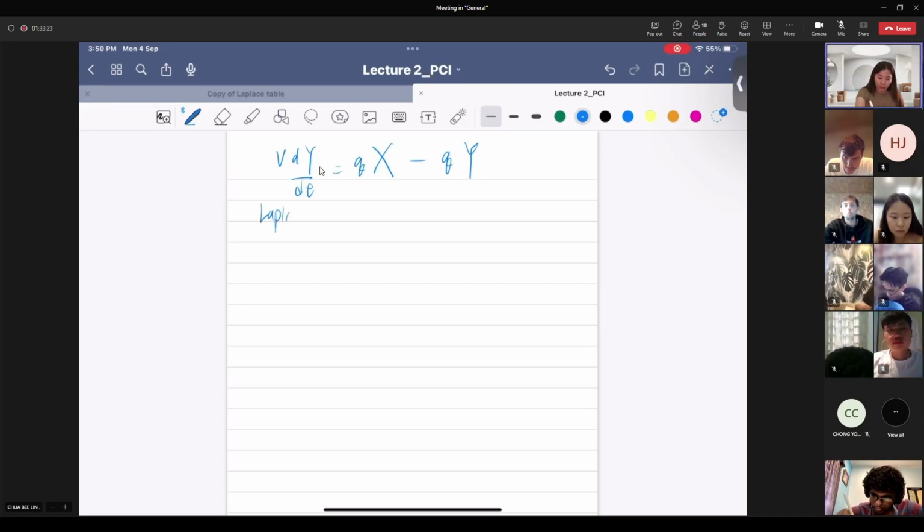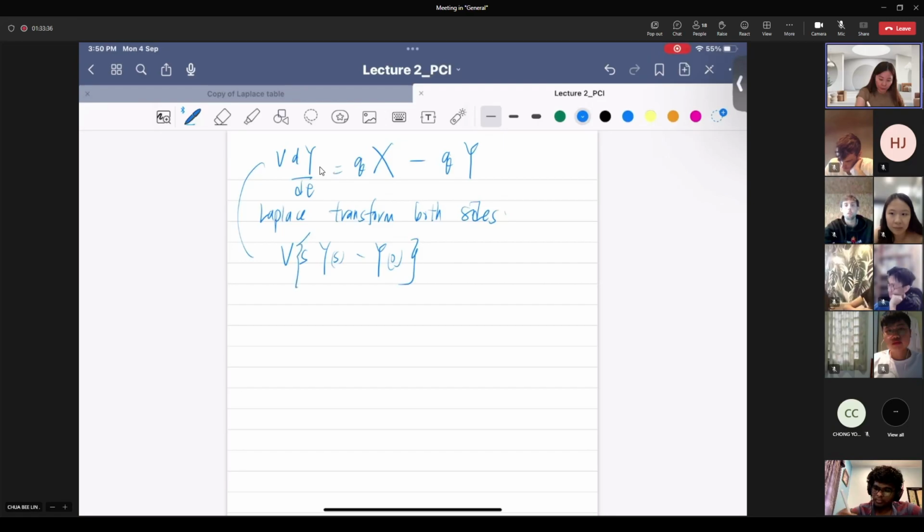Then repeat the same: Laplace transform both sides. You'll be having V(sY minus Y0) equals QX minus QY. Initial condition will be 0 for the deviation equation. Follow the same concept just now.